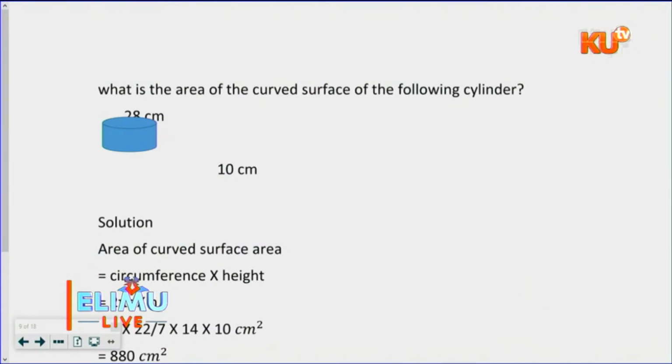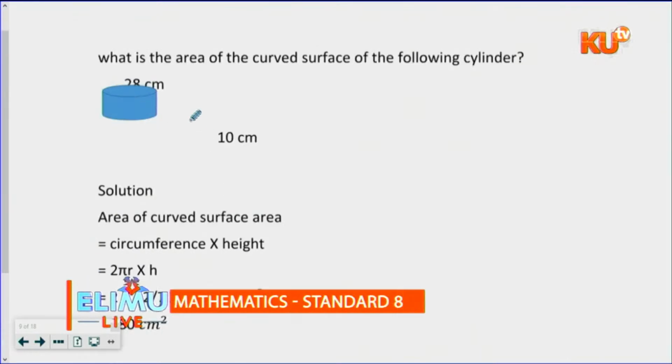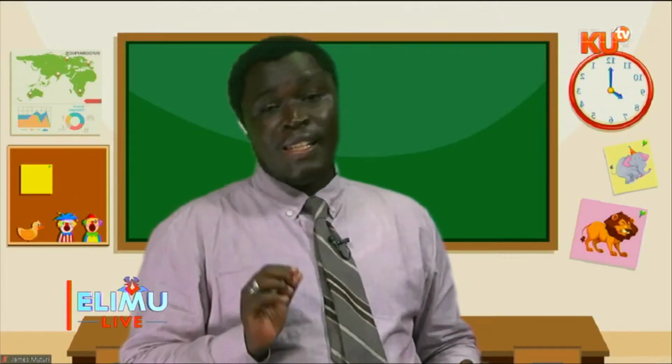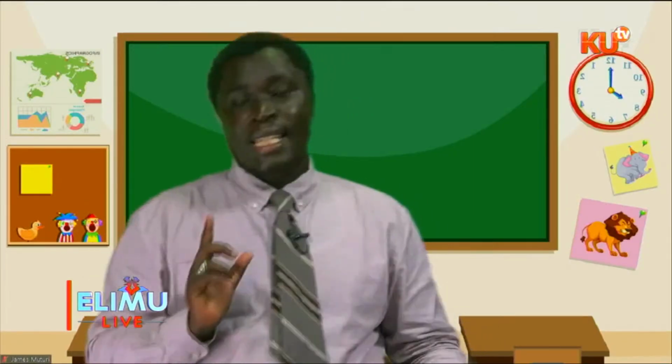Example number 3 is this one. This is a cylinder. What is the area of the curved surface of the cylinder below? I said underline the key words.